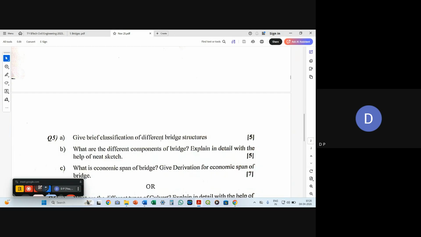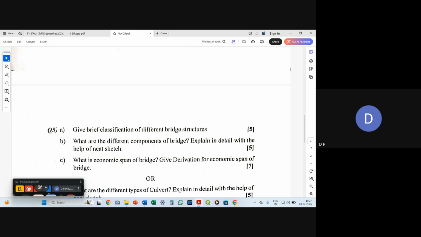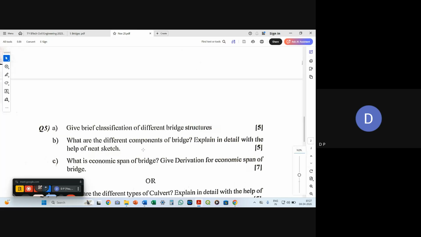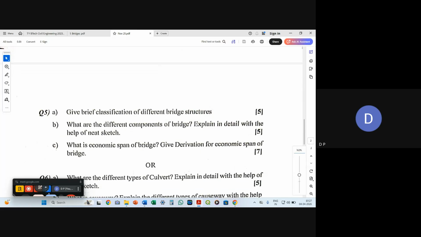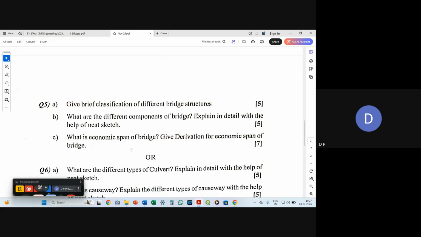Give brief classification of different bridge structures. How are bridges classified? What are the different components of a bridge? Explain in detail with the help of a neat sketch. Wherever possible, draw a proper sketch that will explain the concept in short. What is the economic span of a bridge?